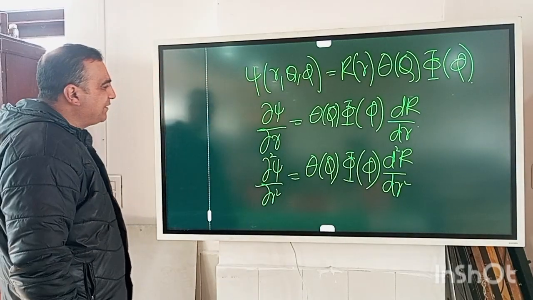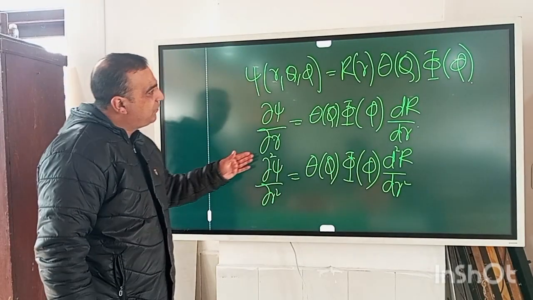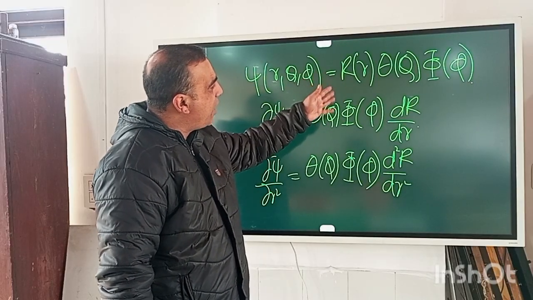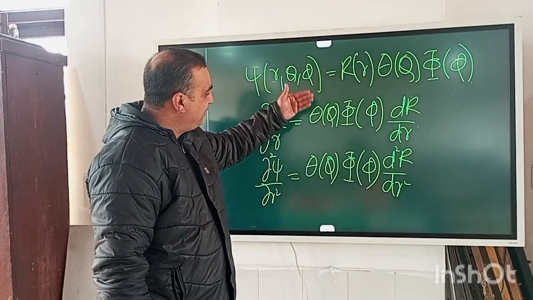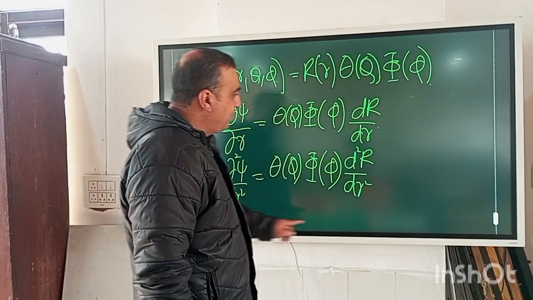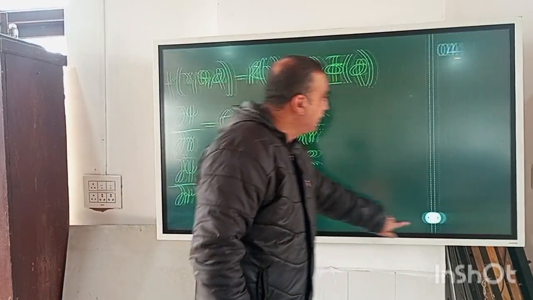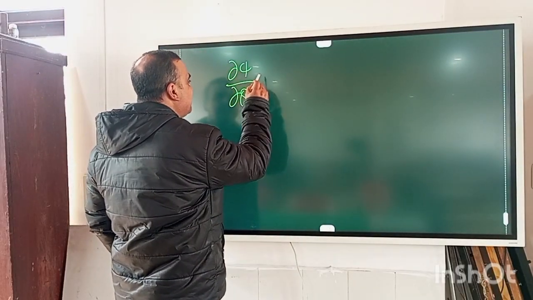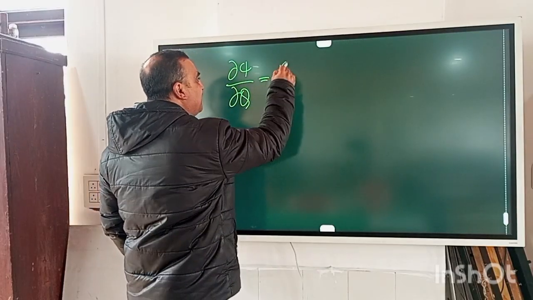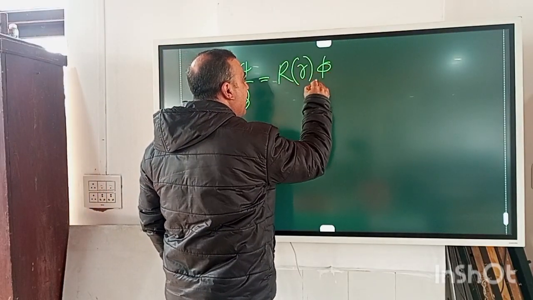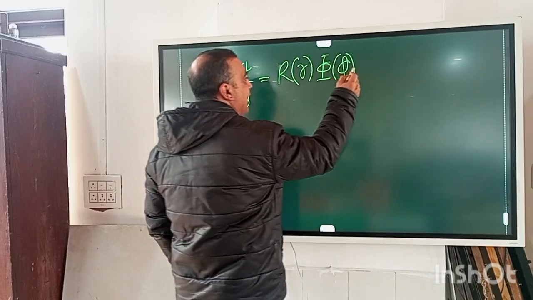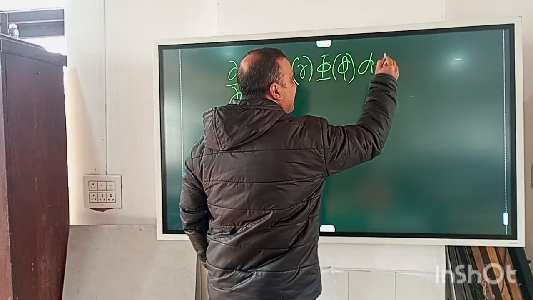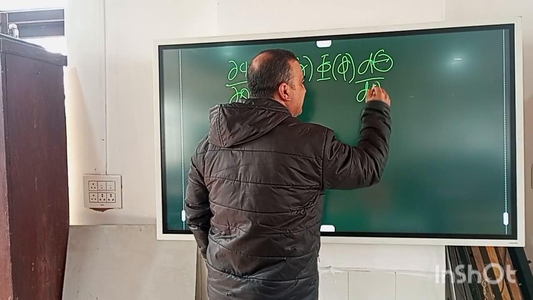Now, we will take similar considerations for theta, keeping r and phi as constants for Theta of theta. If I do the same thing, dou psi by dou theta will have R of r out, Phi of phi out, and then d capital Theta divided by d theta.